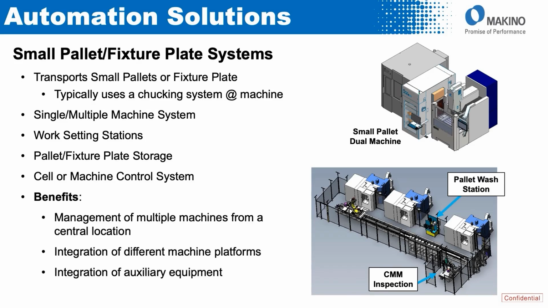So the benefits here, once again, multiple machines from a central location. As you can see in the lower right-hand corner, we've got three DA300 machining centers being serviced by this particular automation, and the work setting stations are at the end. But what we're able to do with this style is typically integrate different machining platforms. You can see in the upper left-hand corner, we've got an EDM and then a milling machine on the other side.